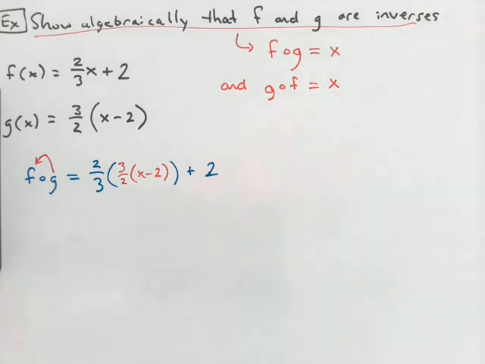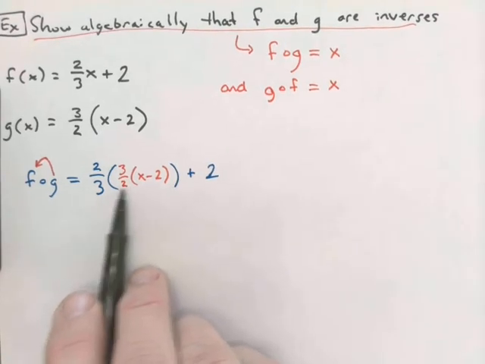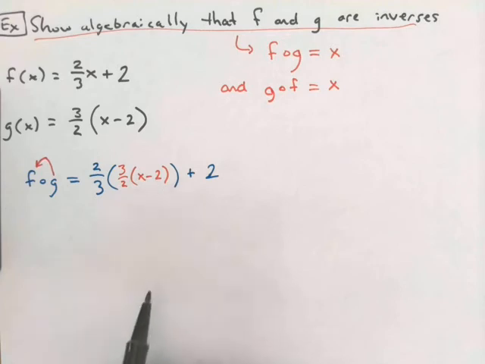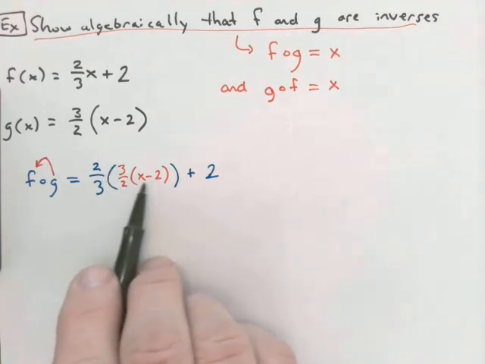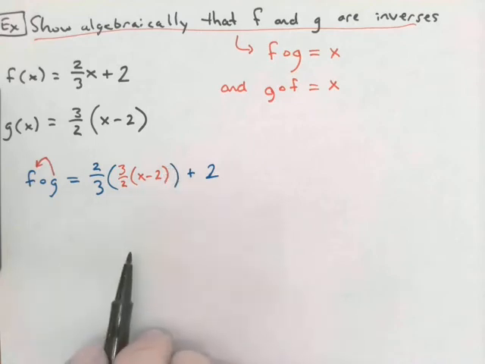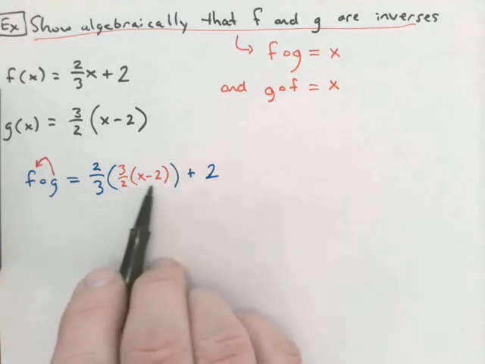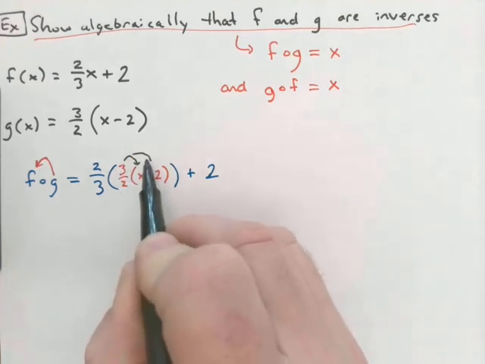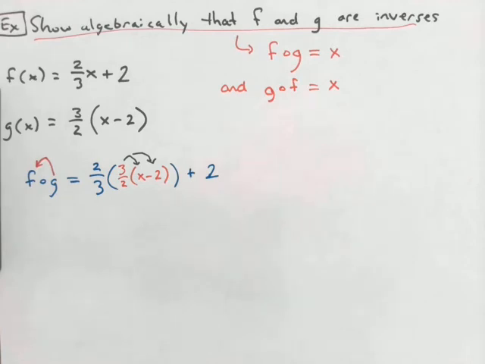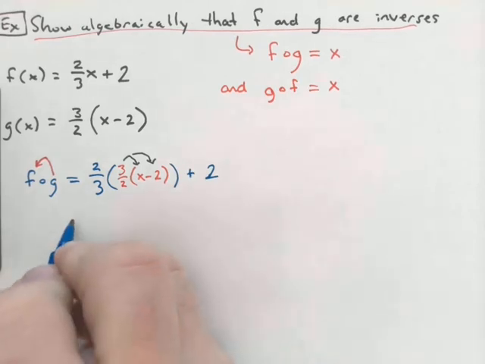You can do this simplification a few different ways. One of the things you could do is work on the innermost set of parentheses, because we do have nested parentheses. We have one set of parentheses inside of another set. So one of the things I can do is get rid of this innermost set. We would do that by taking the 3/2 that's in front and using the distributive property, multiply that into both of those terms.